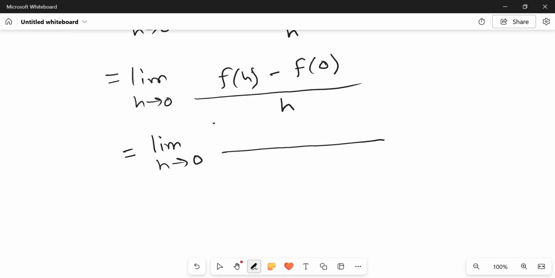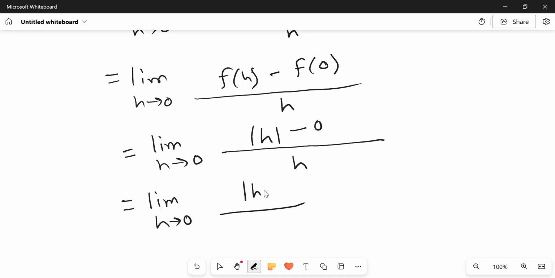So we get absolute value of h minus 0 divided by h, that is limit h tends to 0 of absolute value of h divided by h.